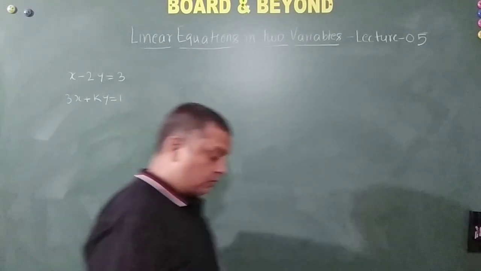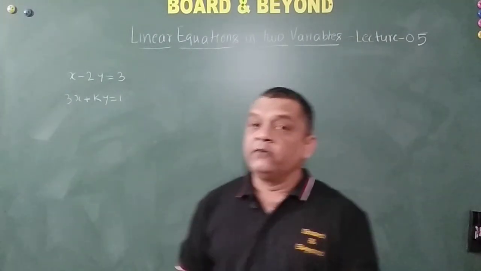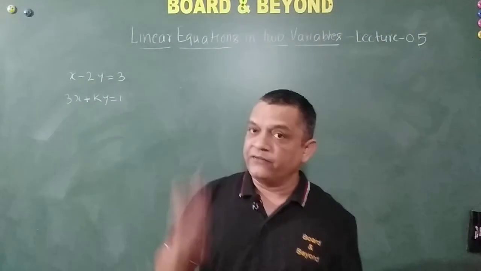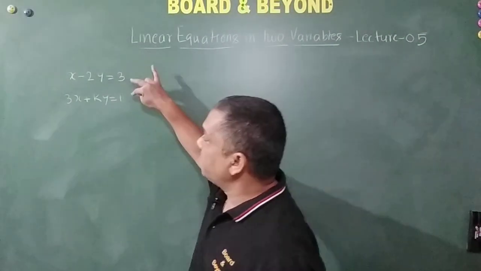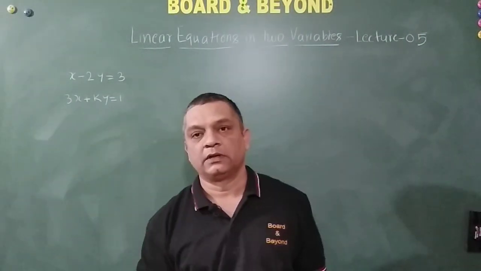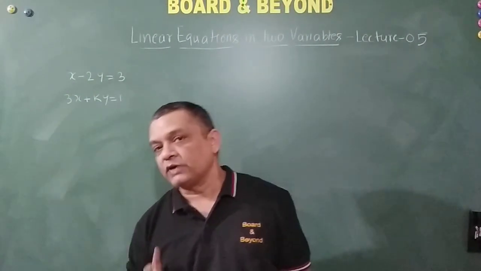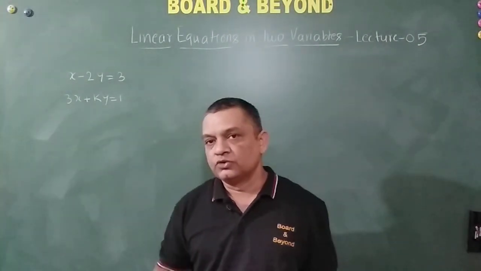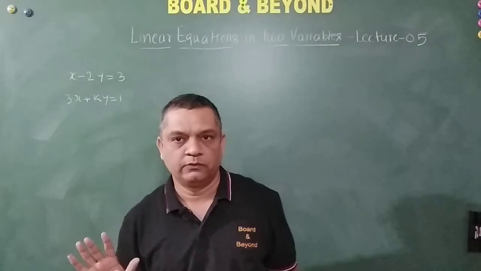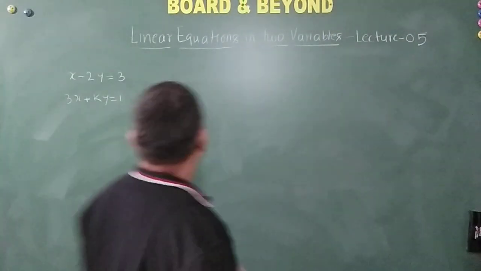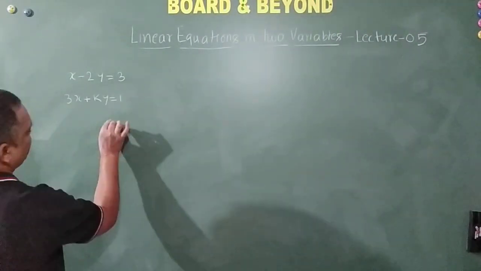Okay, so now the question says that we have to find the value of k for which these two systems of linear equations will have a unique solution, right friends? So for a unique solution, we know that what should happen? a1 by a2 should not be equal to b1 by b2, correct? Right. So let's take that concept and move forward.